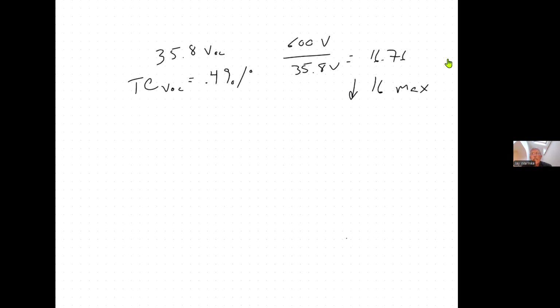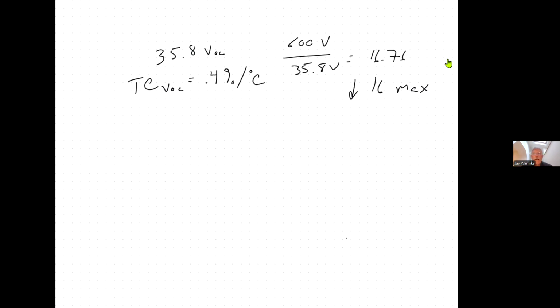So what that's saying is this particular panel, for every degree less than 25, it's going to increase the voltage by 0.4%. For every degree more than 25, which is standard test conditions temperature, it's going to decrease the voltage by 0.4%. It's very linear that way.